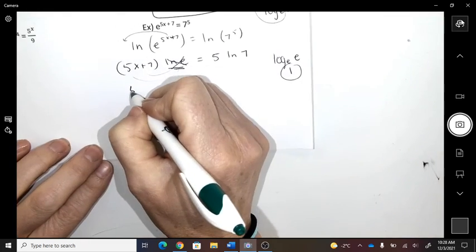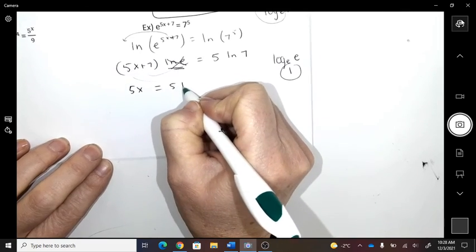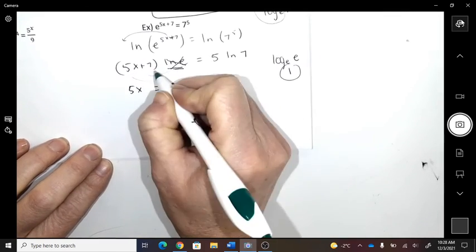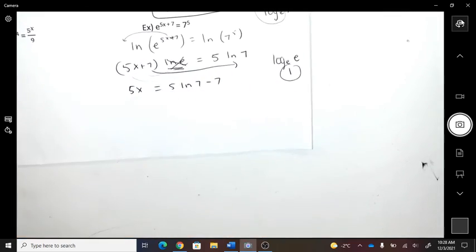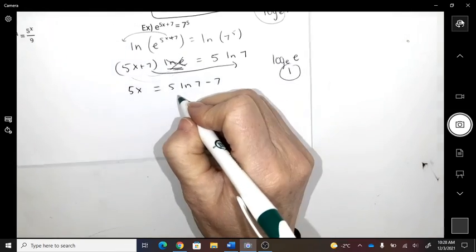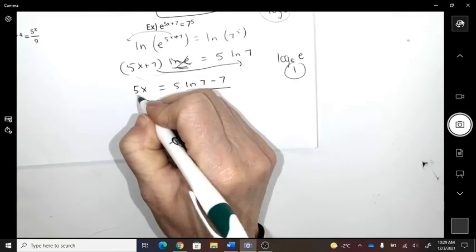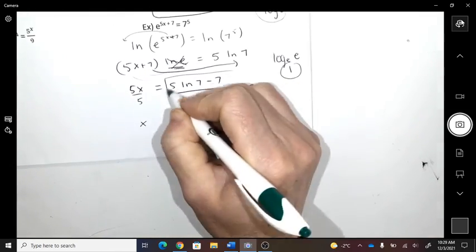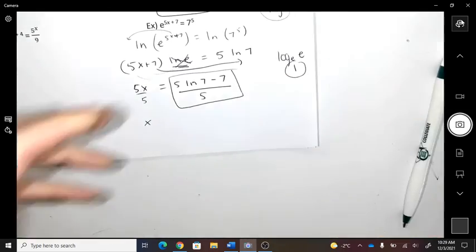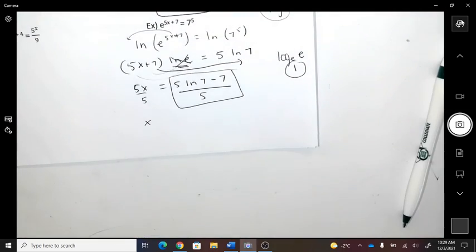Okay, so now I'm going to move non-x stuff. So anything with an x was one side, anything without an x went to the other side. And now I'm going to divide by 5. So that is what we're going to have to practice typing in. So you need to find your ln button.